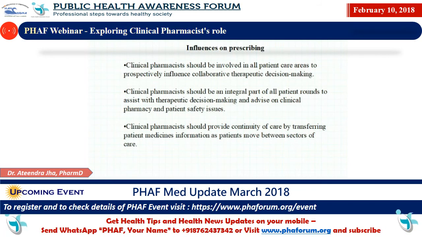If they find any incompatibility between any drugs, then also it's the duty of the clinical pharmacist to inform the concerned prescriber. It's the duty of the clinical pharmacist to establish the proper way in which an ADR can be monitored, or severe ADRs can be reported, or drug interactions can be reported.